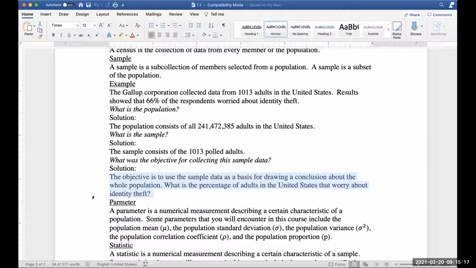So the objective is what percent of adults in the United States worry about identity theft.